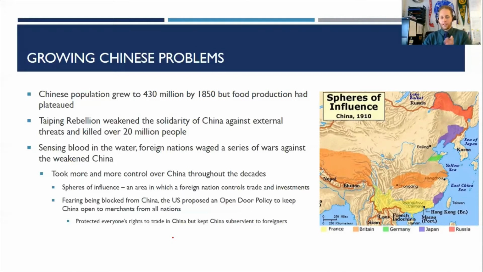The Chinese population grew to 430 million by 1850, but food production had plateaued, causing famine and many people to go hungry. We're going to have a rebellion by the Chinese called the Taiping Rebellion.